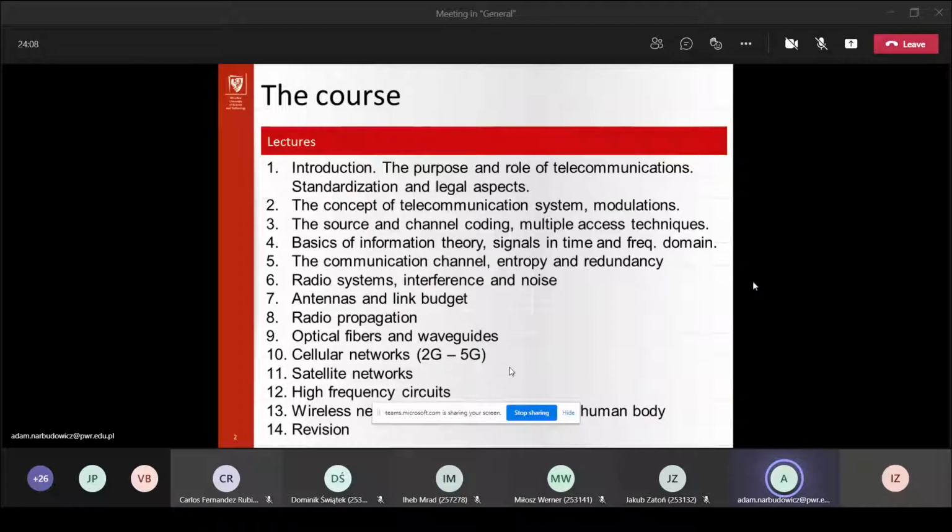By high frequency circuits, I mean the type of electronic circuits that are used in modulation to get practically all the features that we discussed with modulation, and they are typically what's called nonlinear circuits.